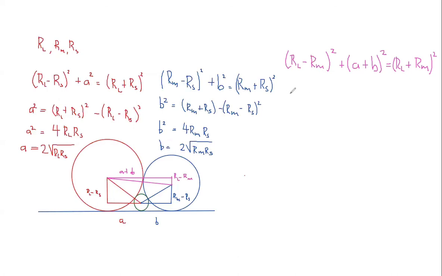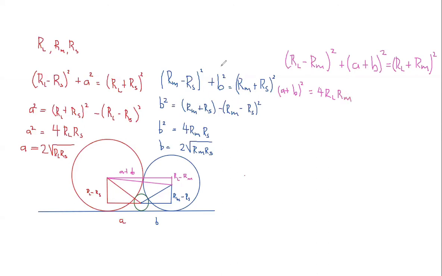Okay, so if you make (A plus B) all squared the subject, you have A plus B all squared is equal to, you take this over, simplify in a similar fashion, and that gives us 4 RL RM.